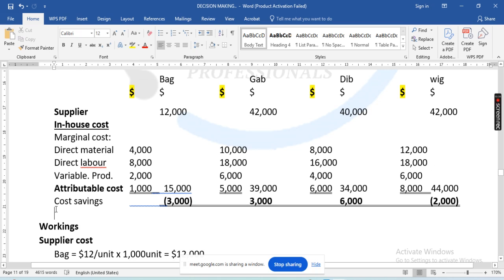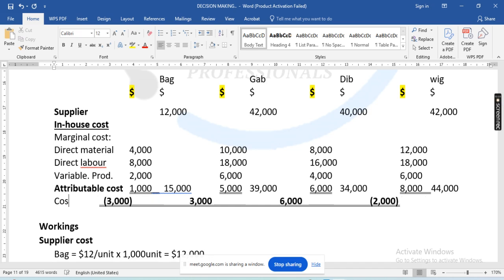So you will now write to the management that the management should do what? Okay, let me put it this way. Total, let me say total savings.